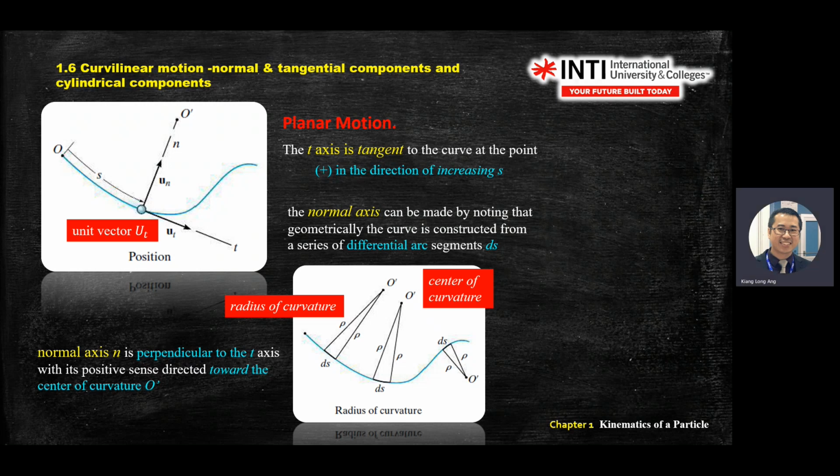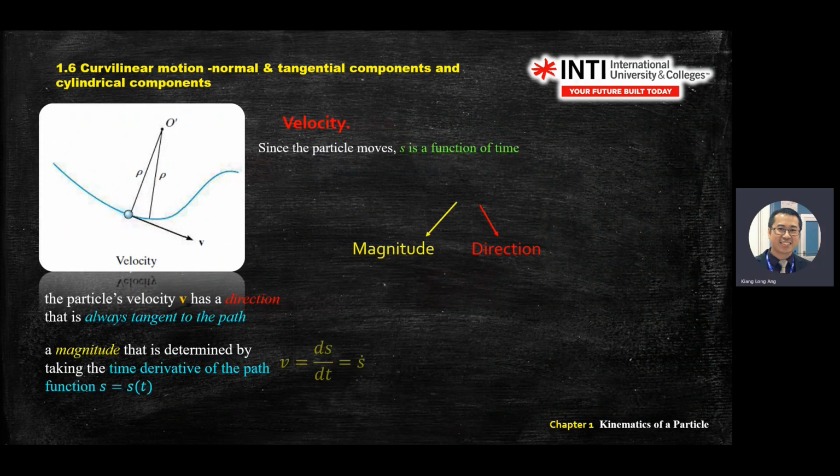Okay, then you know how to draw the normal axis, it is perpendicular to the tangent, t and n, so on. This t means 90 degree to the center. Okay. Then we start to introduce you the unit vector tangent, unit vector normal, ut and un for curvature motion, curvilinear motion. Okay.